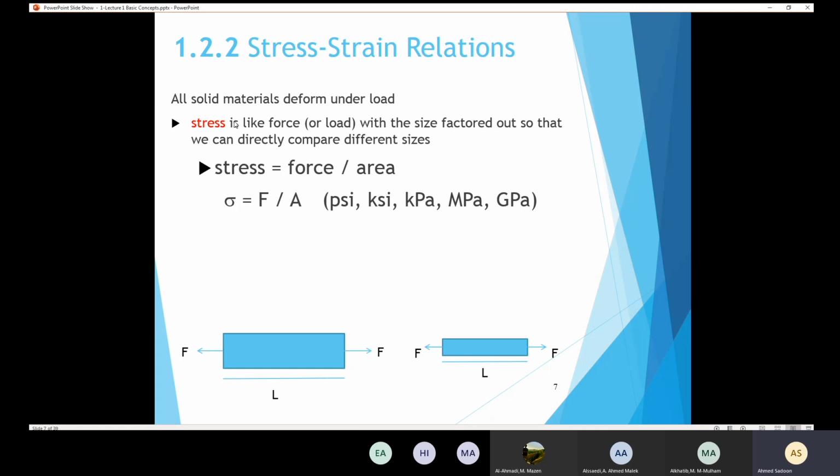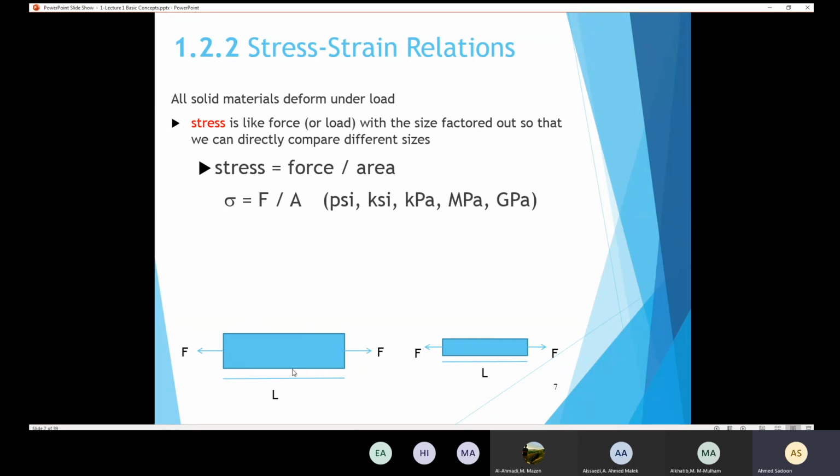So in order to do that, they introduce the stress. Stress is like force with the size factored out. We divide the force over the area so that we can directly compare the different sizes. For example, the stress that is going to make the material fail is going to be the same for both specimens, but the force is going to be different.